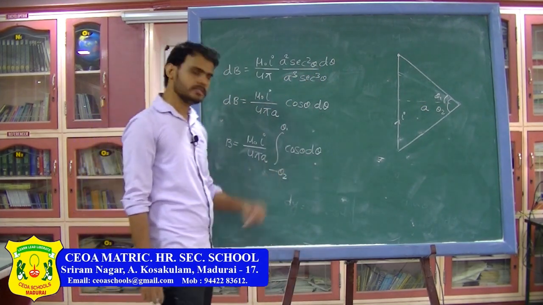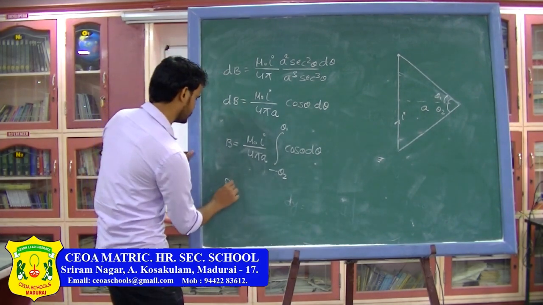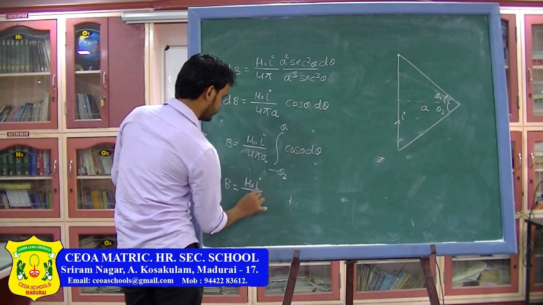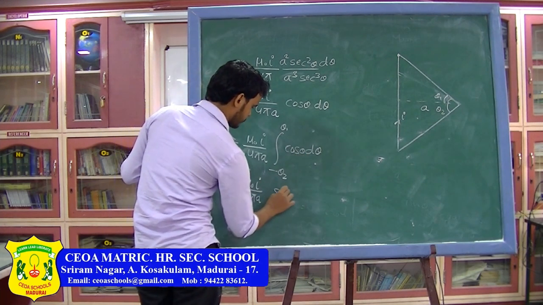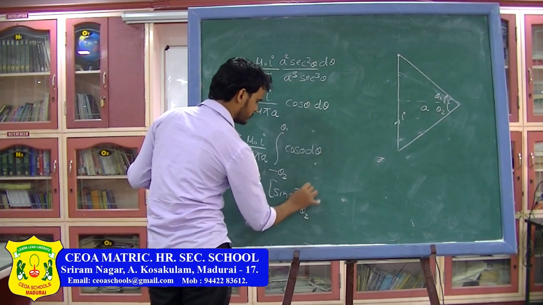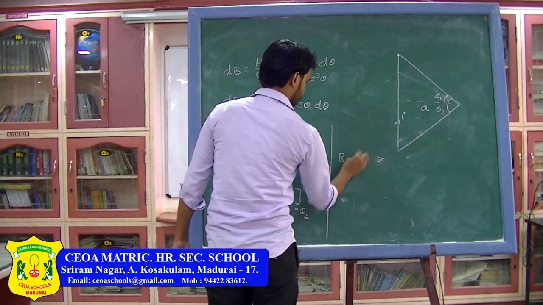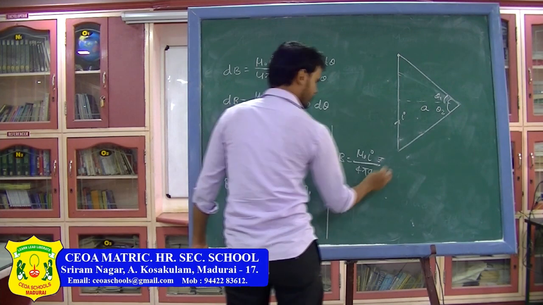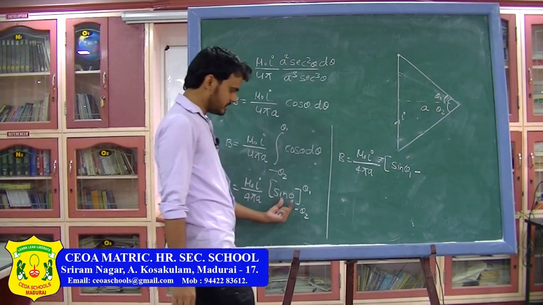Now, you know the integration of cos theta is sin theta. So, I can write this term as B is equal to mu naught I divided by 4 pi a, integration will be sin theta, and the limit will be from minus theta 2 to theta 1, which finally I can write as mu naught I divided by 4 pi a, sin theta 1 minus sin of minus theta 2.